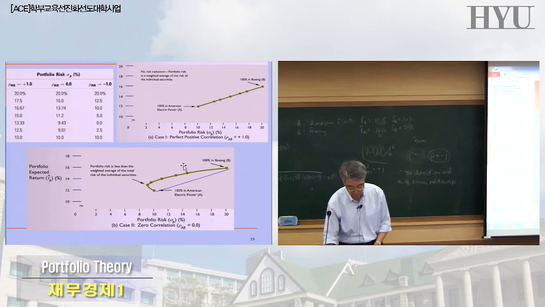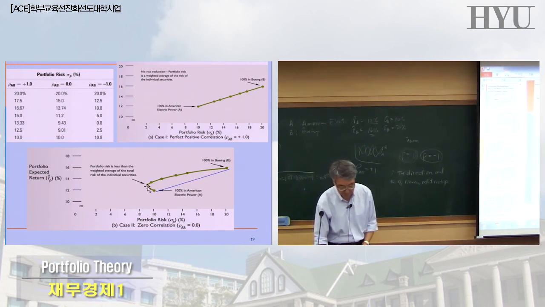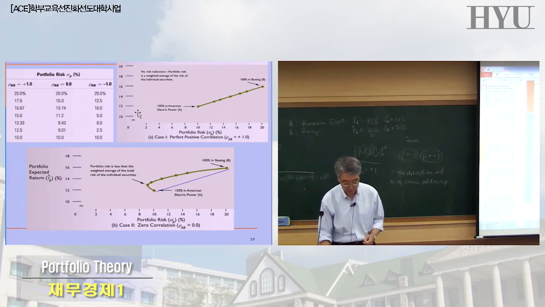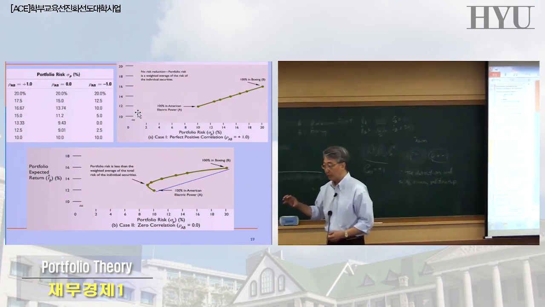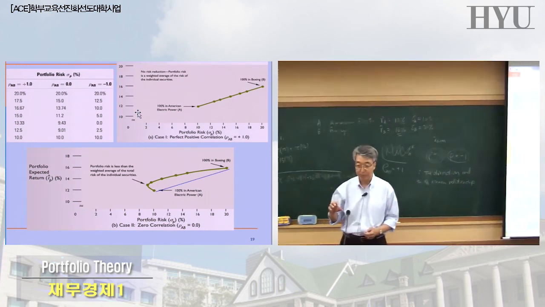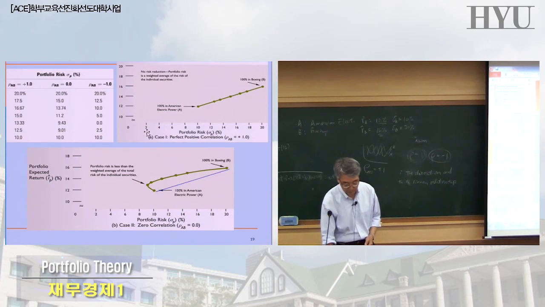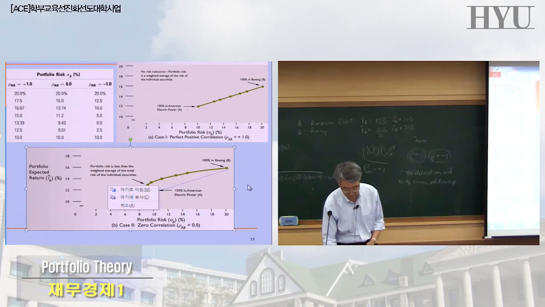So for example, the second point here used to be 13% return and 12.5% risk, right? But this time, if you combine A and B, and more exactly, if you put 75% in A and 25% in B, then you can still make 13% return on your money. But the risk level is much lower. The risk level was 12.5%.